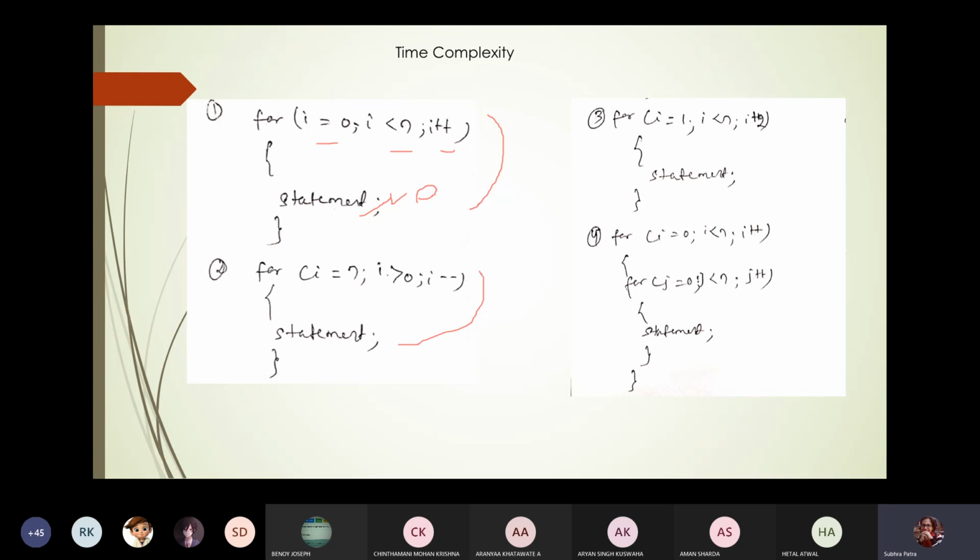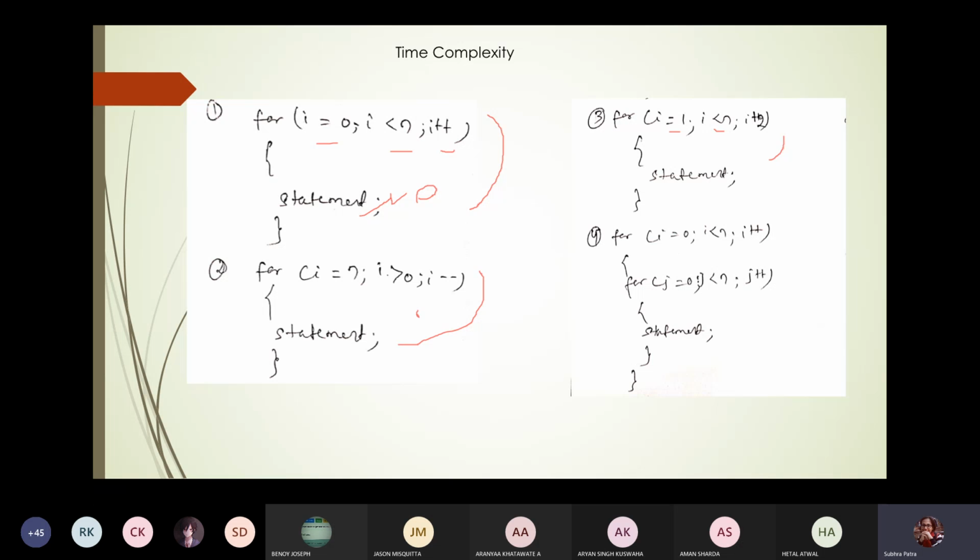Similarly, what about this for loop: i equal to n, then i greater than or equal to 0, i minus minus? N number of times, right? And what about this one? It has i starting from 1, less than or equal to n, and i plus 2. So what would be the time complexity?